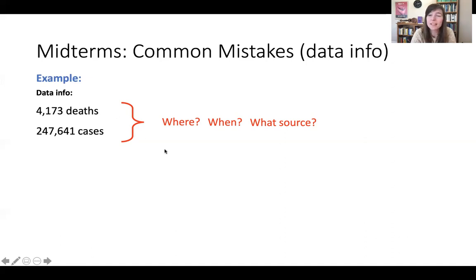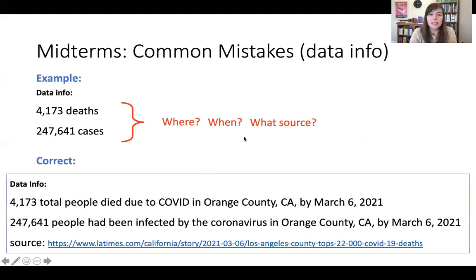So, all right, let's do better. What's the correct way to present the data here? Well, it turns out these numbers are coming from Orange County, California. Here's a correct way to represent this data. You say, 4,173 total people died due to COVID in Orange County, California by March 6, 2021.